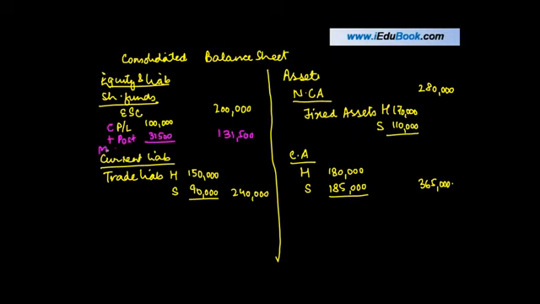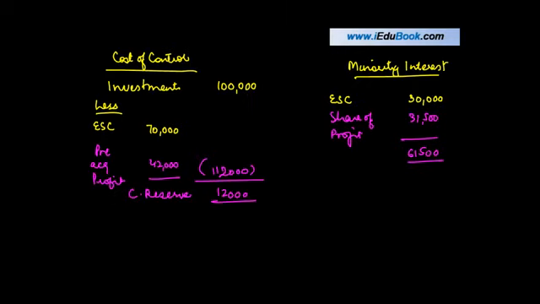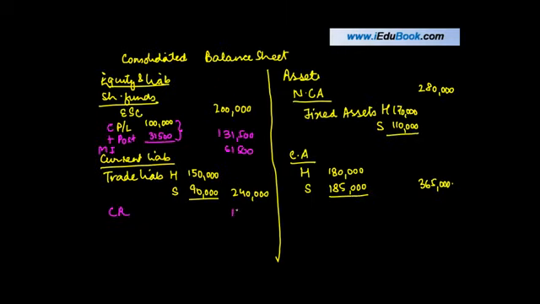It should actually come somewhere here only, 61,500, and capital reserve is 12,000. This should have been included in the reserves and surplus here, but because we don't have space, I'll just write it over here, 12,000. Ideally, in terms of the disclosure requirements, you should just add on the capital reserve and all these things in an annexure separately and put the total here as reserves and surplus.